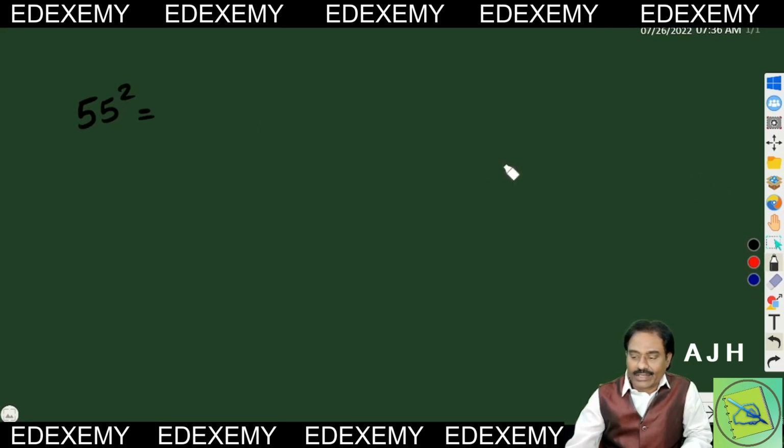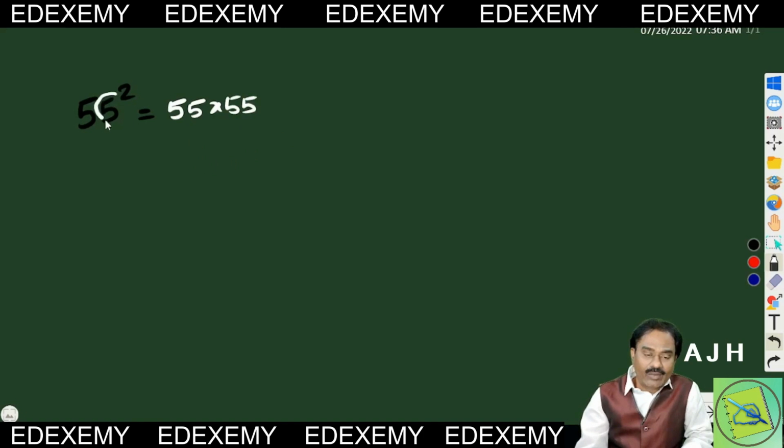Now 55 square we can write like this: 55 into 55. You have to multiply 55 into 55. This means 55 square. Now we will apply the root pattern trick here. There is a trick for any number which ends in 5.